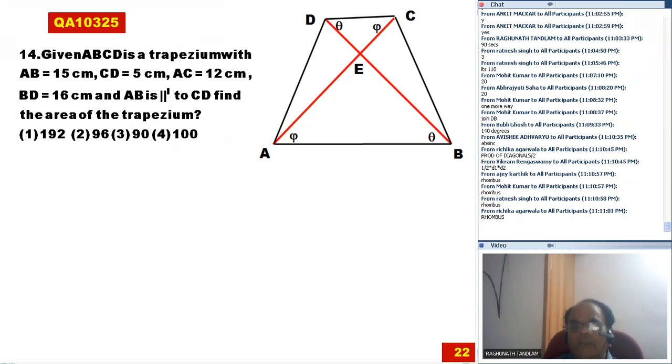Okay, wait. Answer the question on the slide. It's a trapezium. Answer this question in 2 minutes.